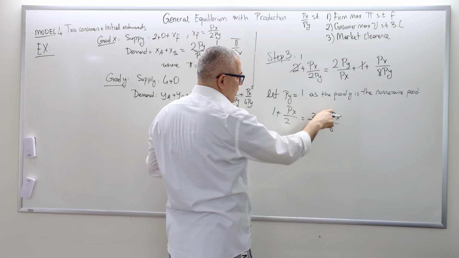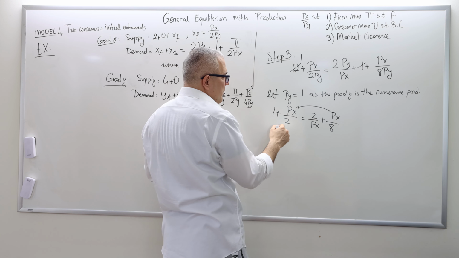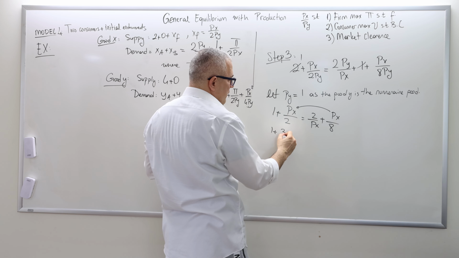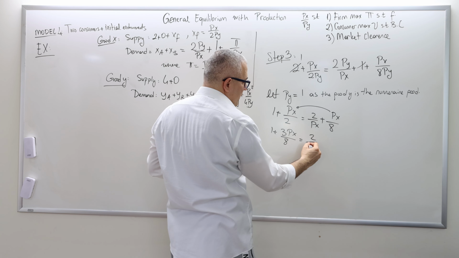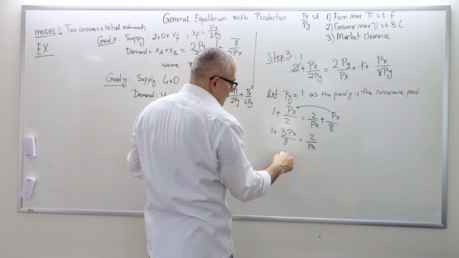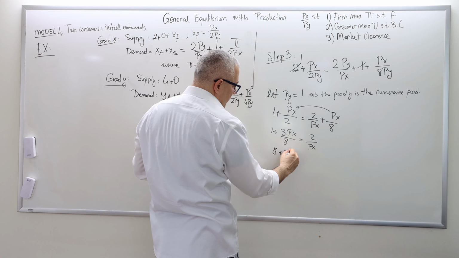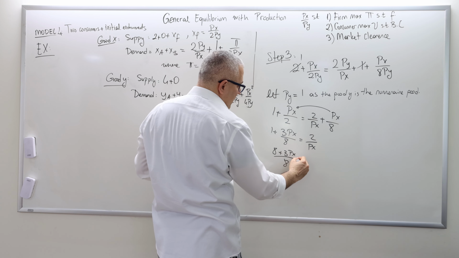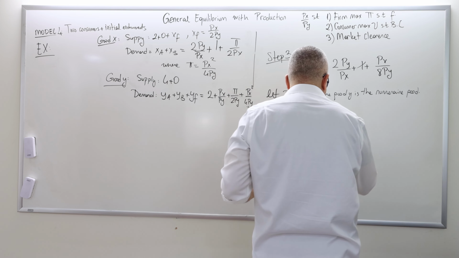I can send this guy to the other side. So it's going to be 1 plus 3PX divided by 8 equals 2 divided by PX. Add these things: 8 plus 3PX divided by 8 equals 2 divided by PX. So do the cross product.